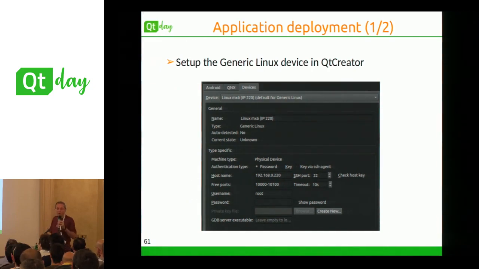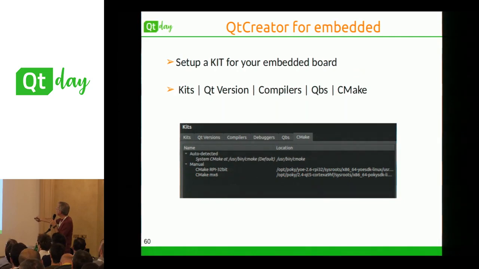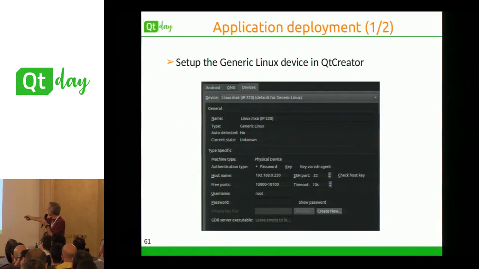To deploy your application, you need to set up the kits. Here, in the kits, there is the possibility to define the IP address of the target system and the password, which with Yocto is root by default. And starting from here, you can deploy because you have set up the OpenSSH daemon instead of Dropbear.